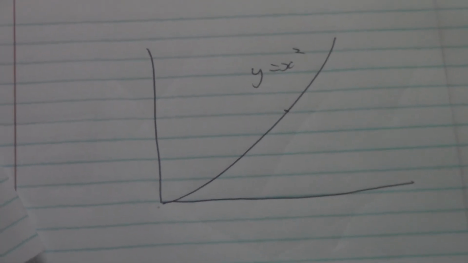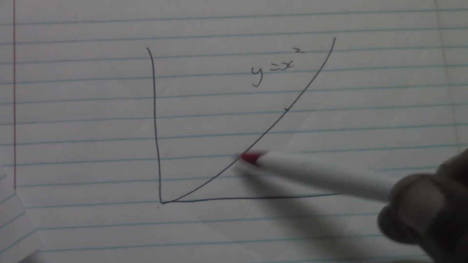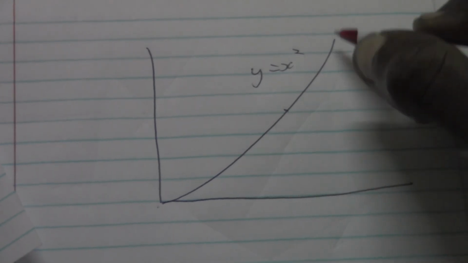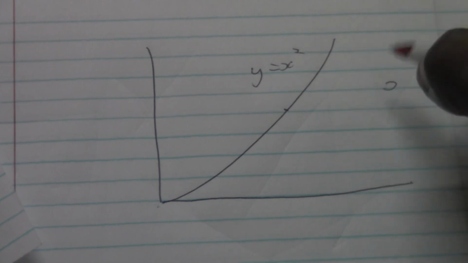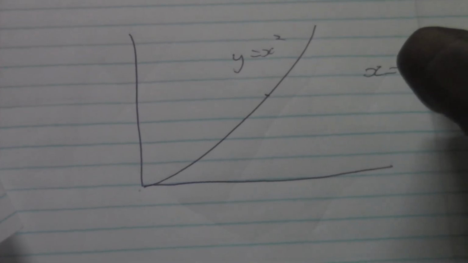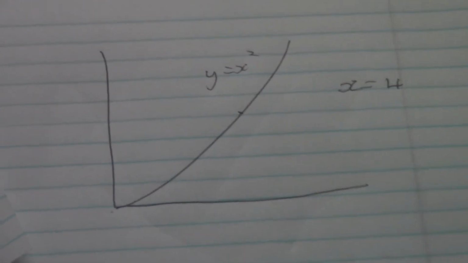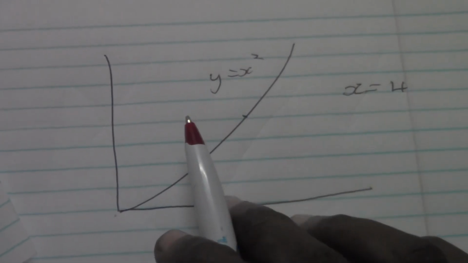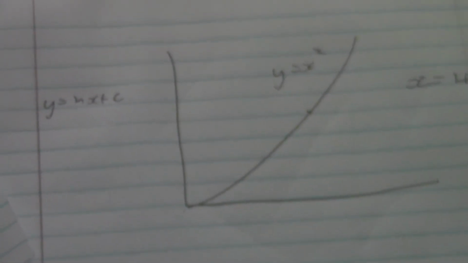Alright. They might just ask, write the equation of a tangent line of this curve that passes through x is equal to 4. Now a tangent is a straight line, so the equation needs to look like y equals mx plus c.